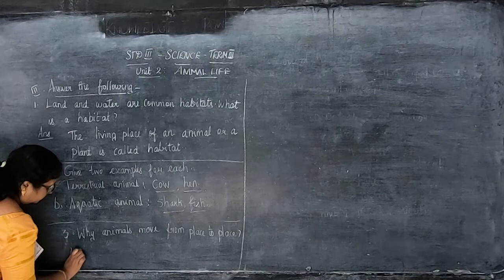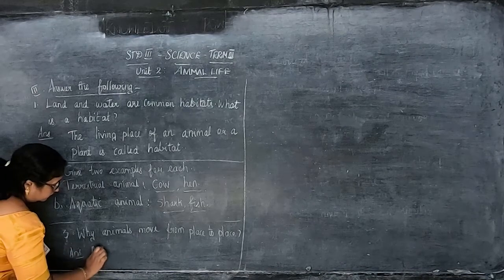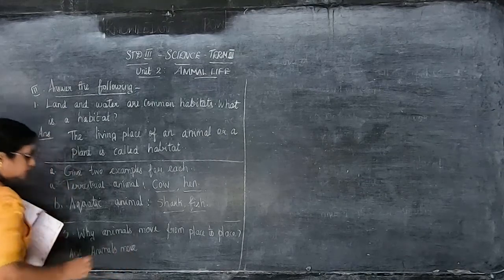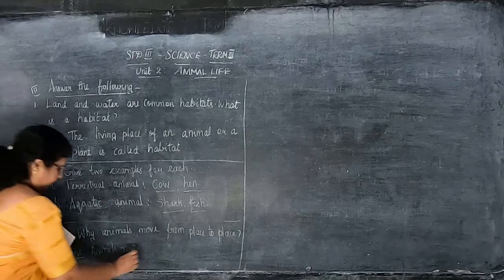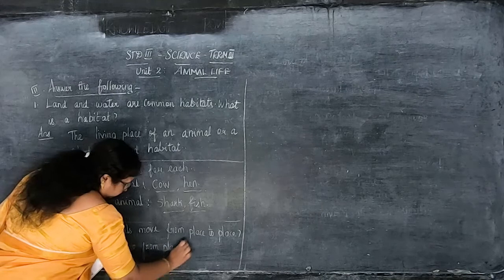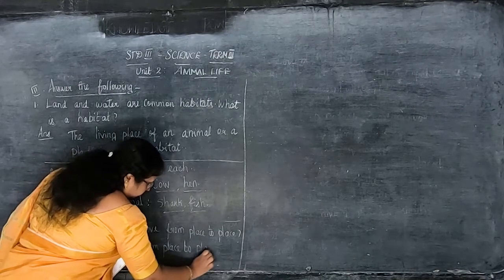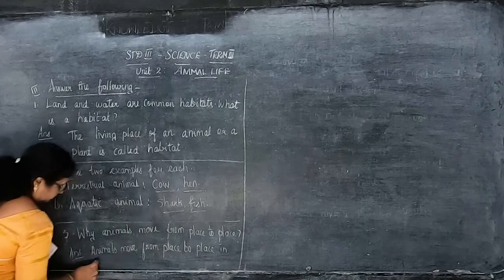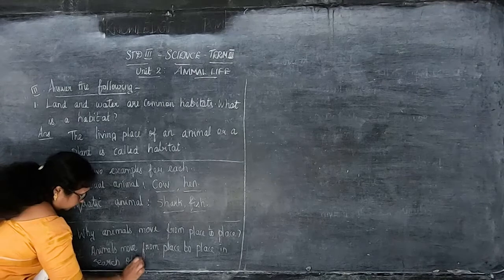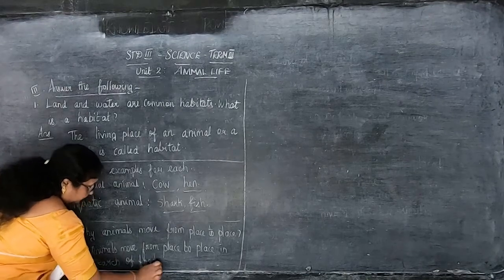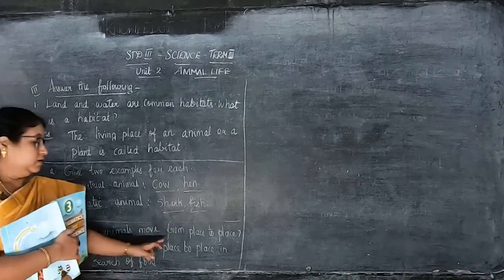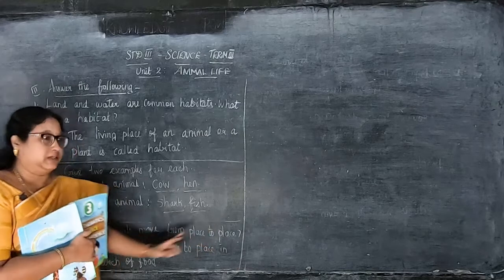Answer is animals move from place to place in search of food. Okay, children, this is your third answer. Question: why animals move from place to place?